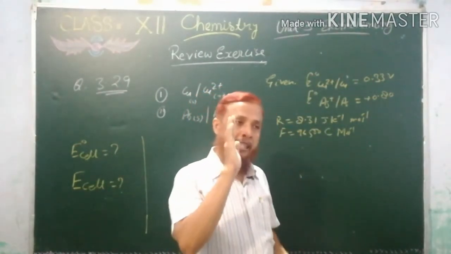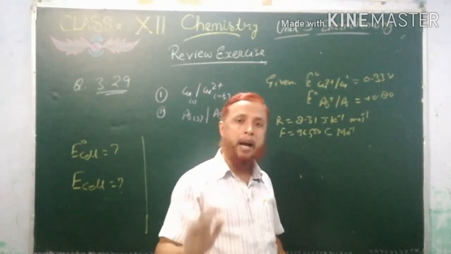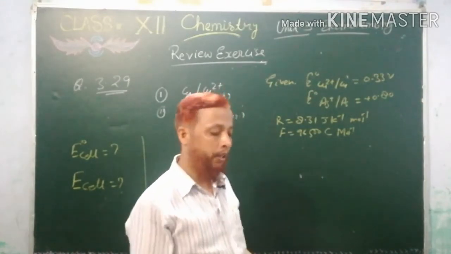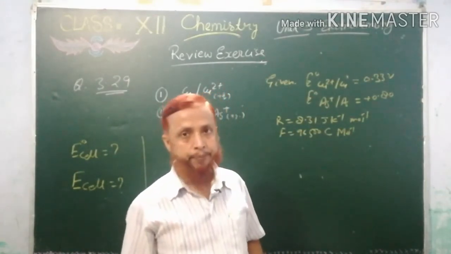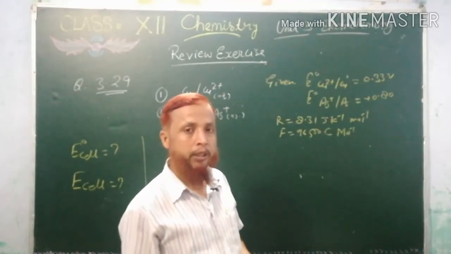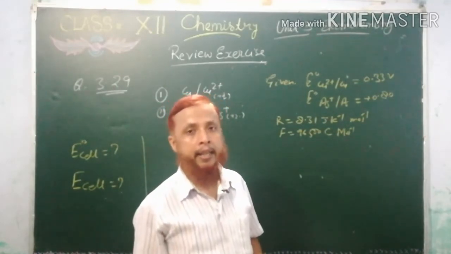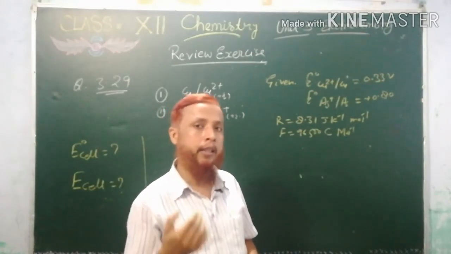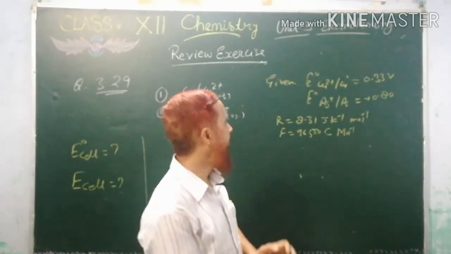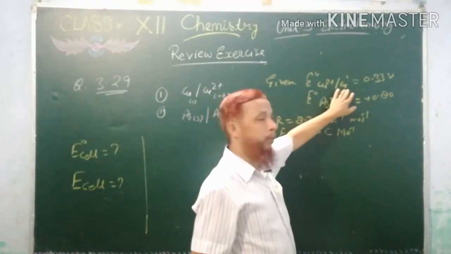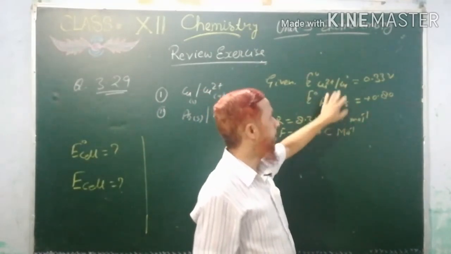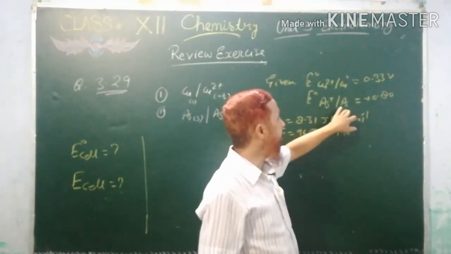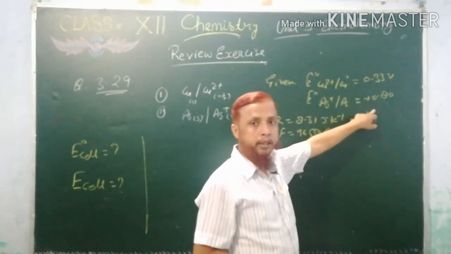The electrode system which has a higher value of standard reduction potential is taken as the cathode, and those having a lesser value are taken as the anode. Means copper is more electropositive than silver, if you compare copper and silver, because of the standard reduction potential.